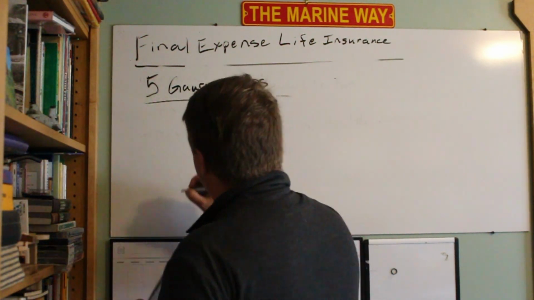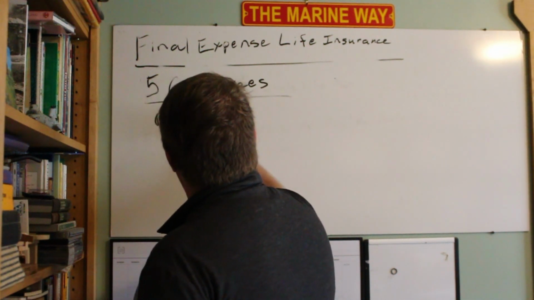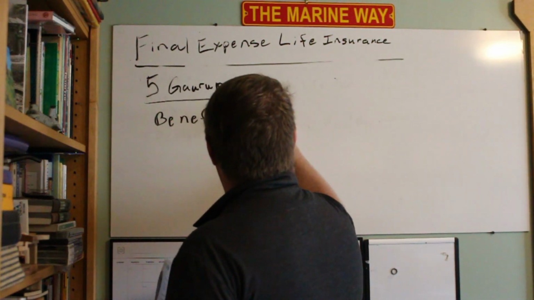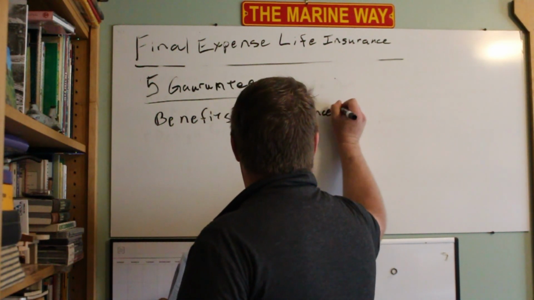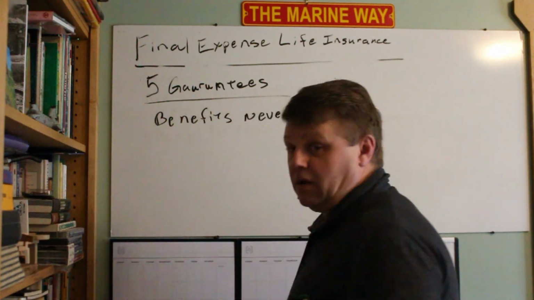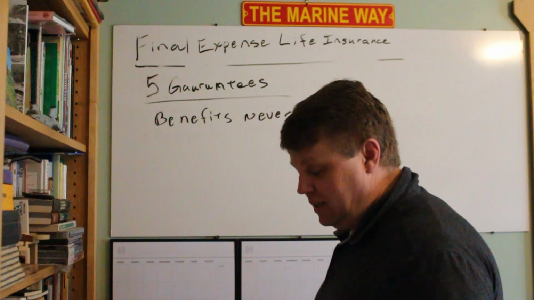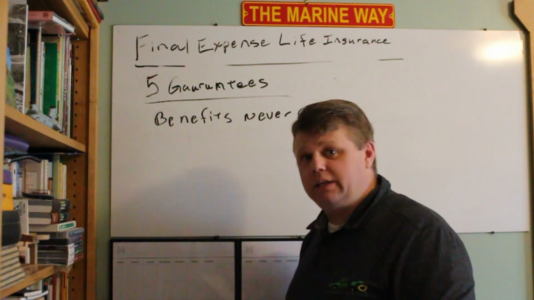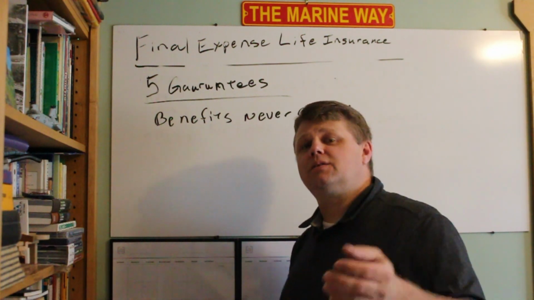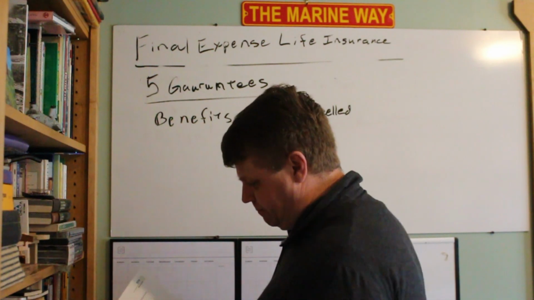First one, it's going to be that the benefits can never be canceled. Right? Never canceled. That's the age to 120 thing. If you live to that old, congratulations, you've satisfied the contract. The insurance company is going to mail you a check for the money from your plan.